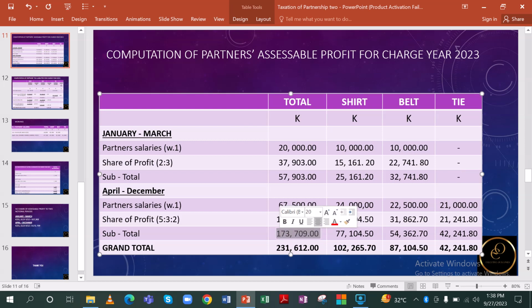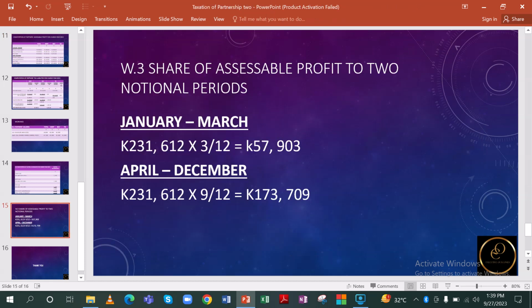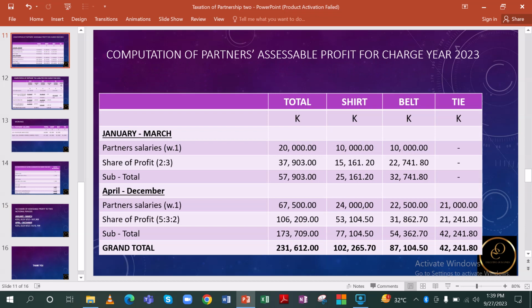And then once we have put it there, from this particular last point, we got this 173,709. That's the one we have pushed in here as 173,709. You are seeing here. Then there's a gap here. There's a blank space here.